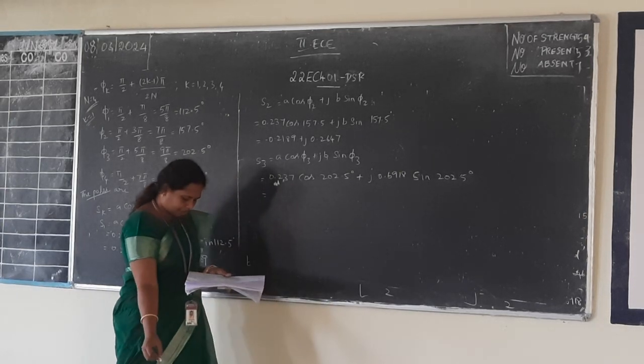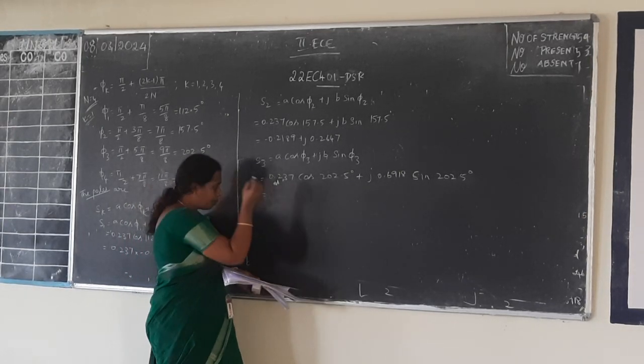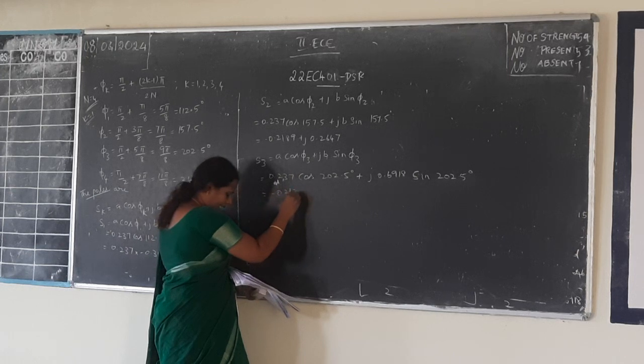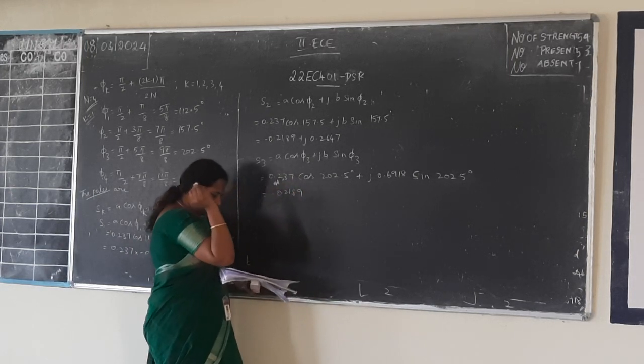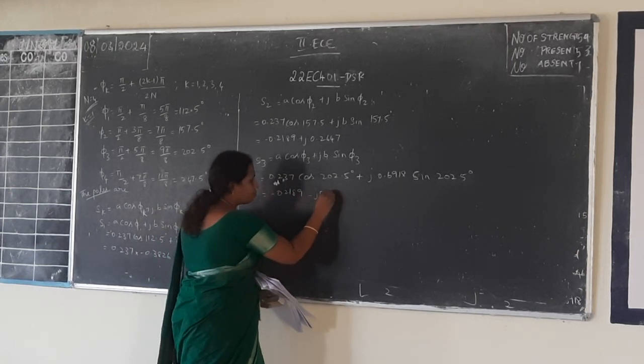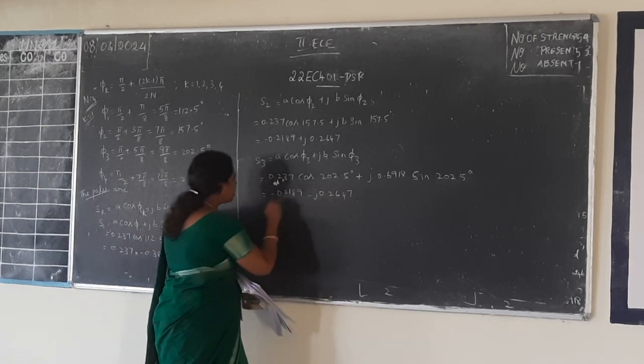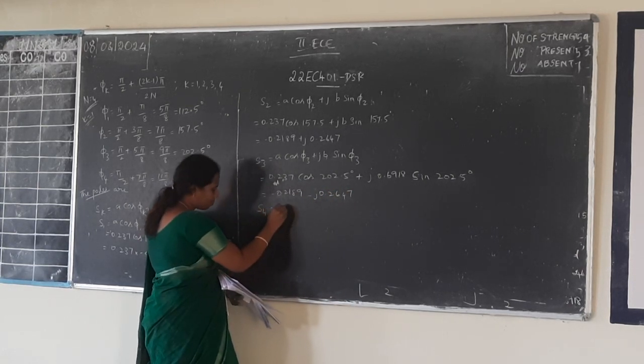Get the answers: minus 0.0907 plus j 0.639. Similarly, calculate for S3, minus 0.2189 minus j 0.2647.